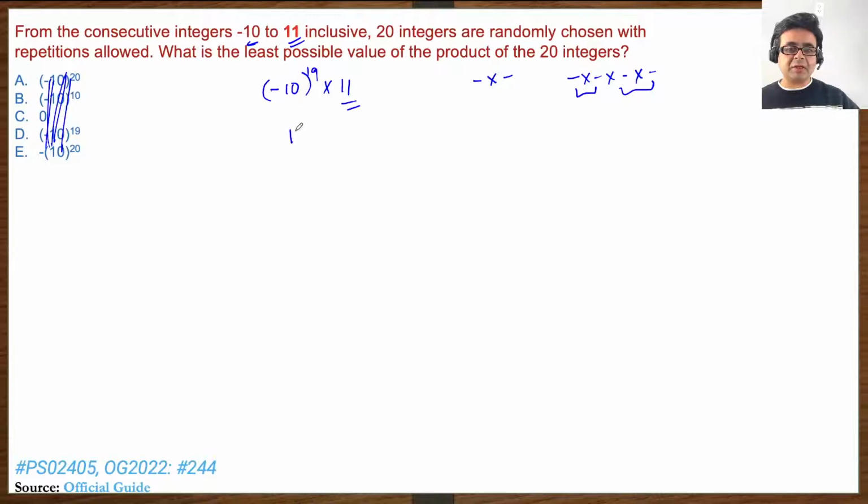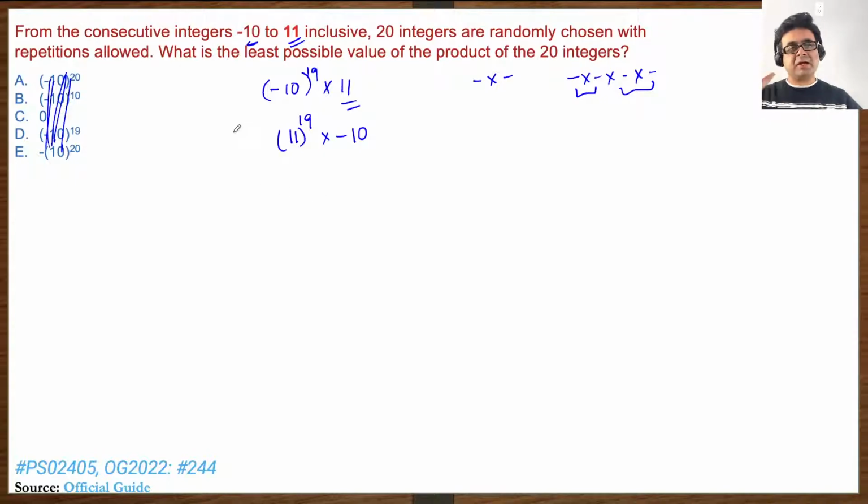The other possibility is I take the largest positive number and multiply by the least number. To solve a question like this, think about what will give you the biggest magnitude, and start there.